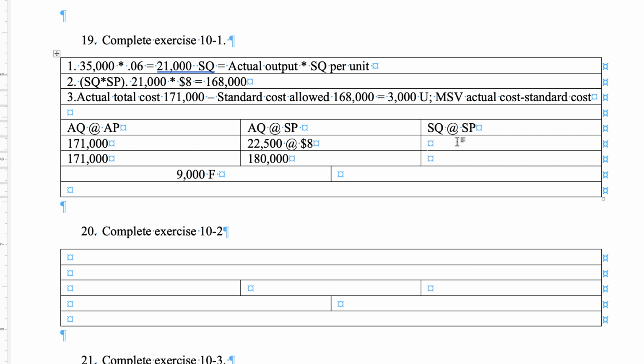But I already figured out my standard quantity in number one. The actual output times the standard quantity per unit tells me in total what my standard quantity is. So that's actually going to be 21,000 times my $8 standard cost. If I multiply those, I end up getting $168,000.